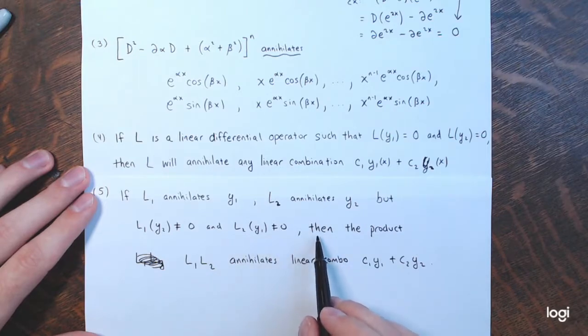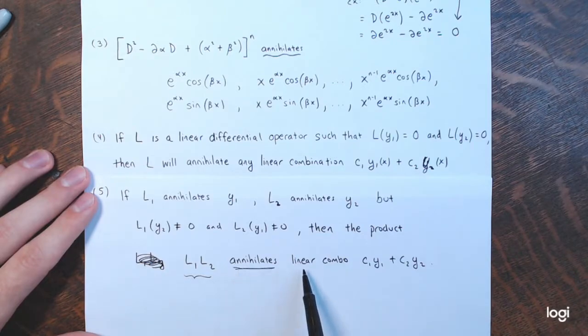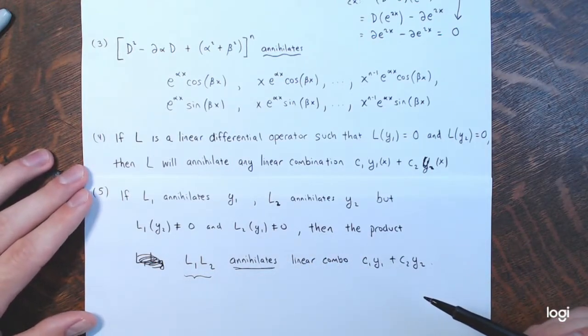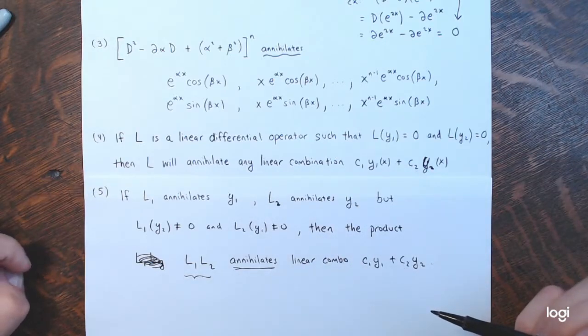Well, if that's the case, then if you apply the product of those operators, L1 times L2, that will annihilate any linear combination of y1 and y2. All right, and I'm going to be using these last two rules quite a bit.